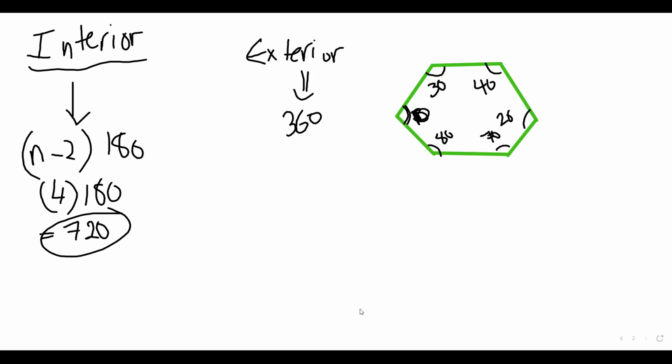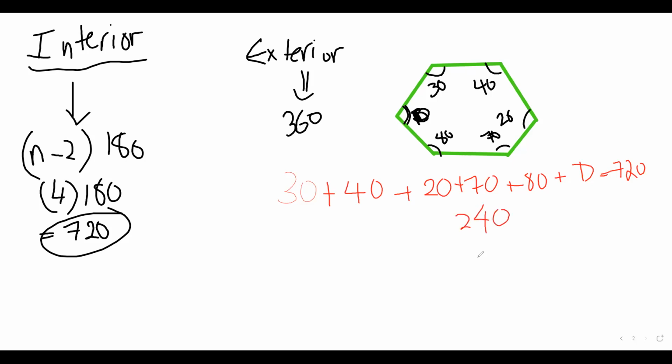So what can help me is that 30 plus 40 plus 20 plus 70 plus 80 plus D is 720. So 240 plus the measure of the angle D is 720. So the measure of the angle D will be 480.